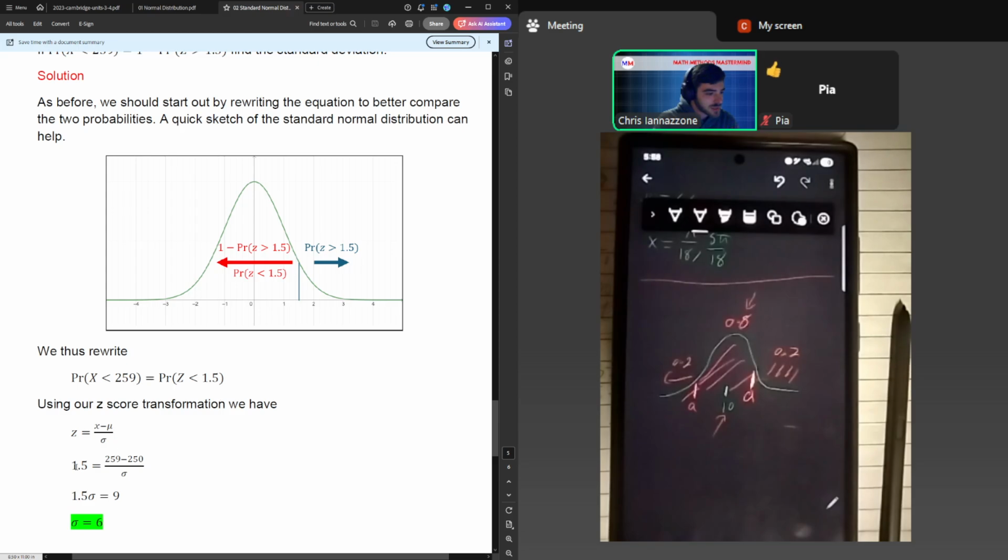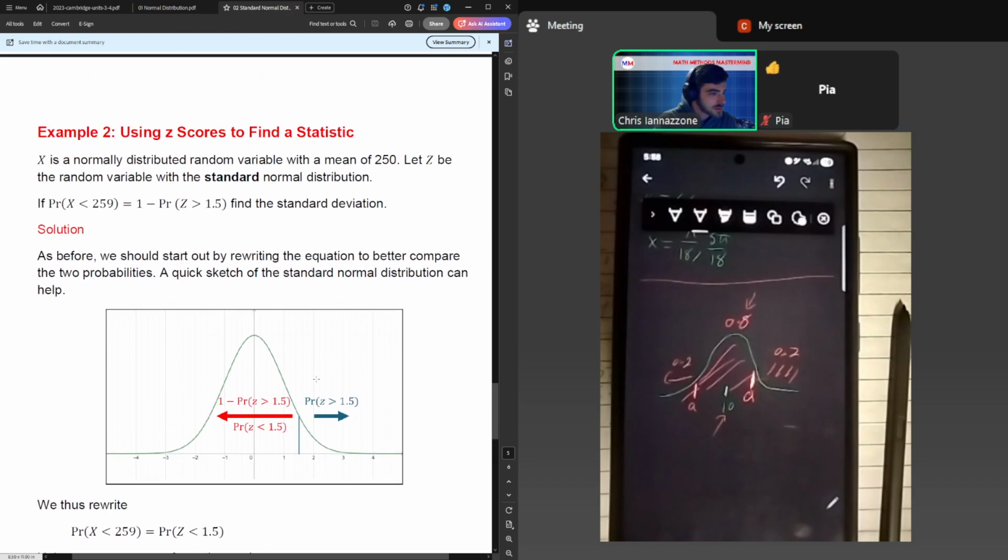Here's another example of how you could use the exact same equation. Very similar vibe. Mean, standard normal, and then it's relating a particular probability with each other. Again, you could probably go either way. You could use the normal distribution to sort of flip them around.